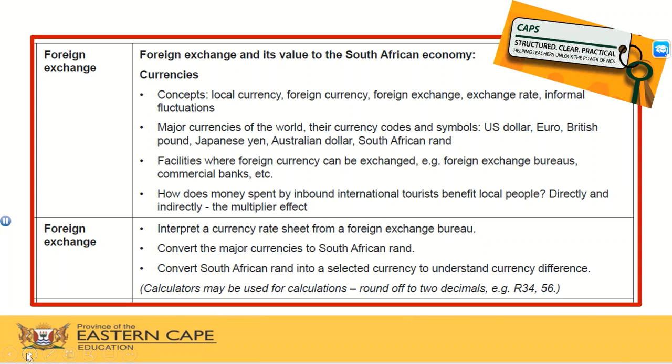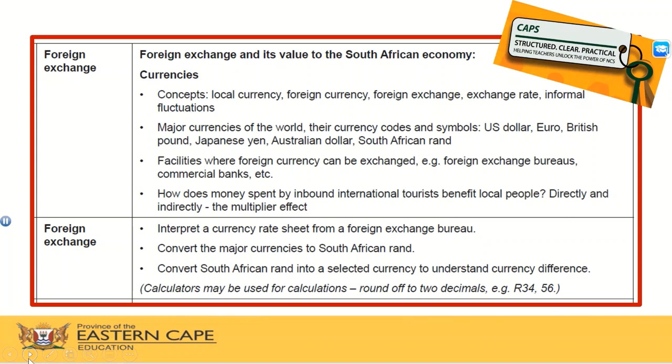Thereafter, we spent a bit of time looking at major currencies of the world. We had lovely pictures of the currencies and the countries that they are used in. Thereafter, we spent some time discussing facilities where foreign currency can be exchanged. And the last part of the previous lesson was when we looked at how money spent by inbound international tourists can benefit the local population.